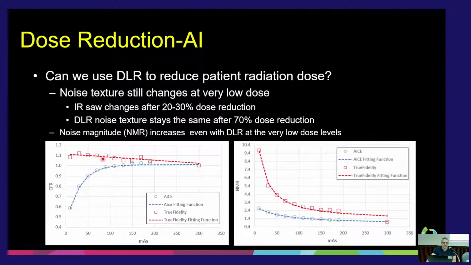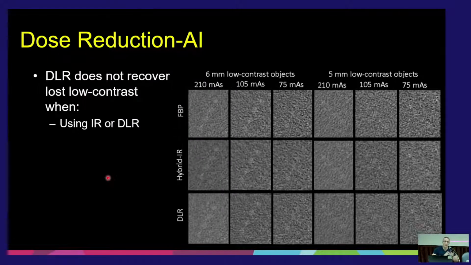It might actually be a little sharper than the other vendor. So, can we use deep learning reconstruction for dose reduction? The answer is yes, you can, and it's actually going to be a little bit more robust than using iterative reconstruction. But as I mentioned at the beginning, we actually don't use it for dose reduction.